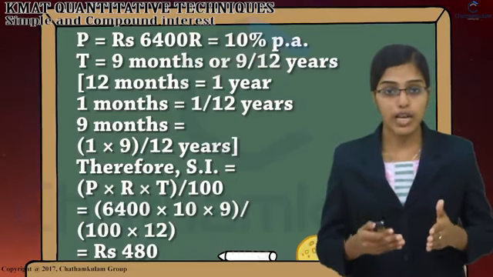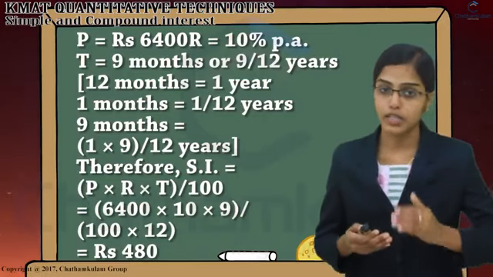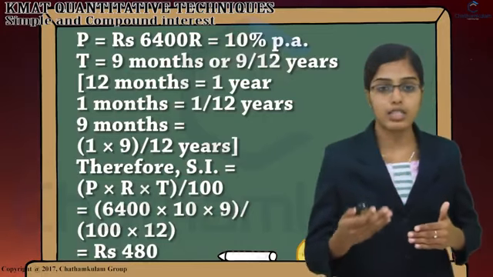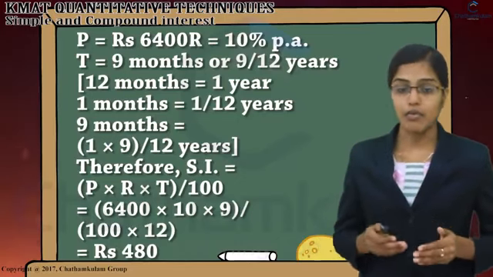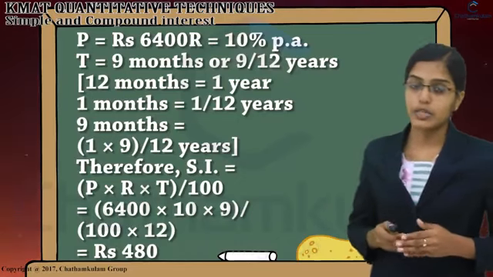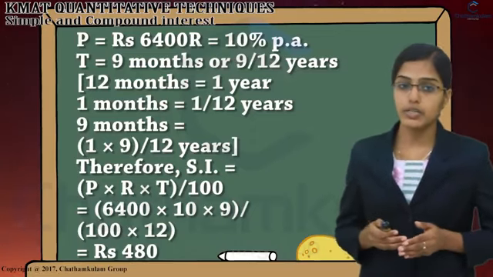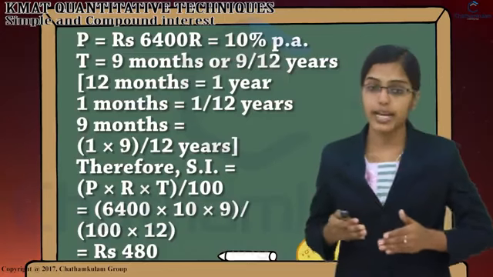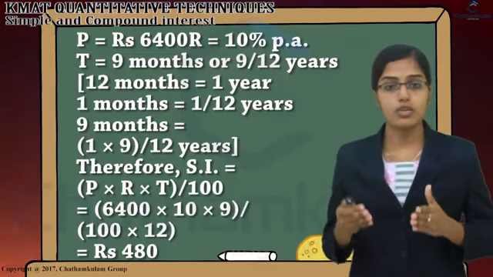So 12 months is equal to 1 year. So 1 month is equal to 1 by 12 years. So 9 months is equal to 1 into 9 divided by 12 years. Therefore, simple interest is equal to PRT by 100. That is 6,400 into 10 into 9 divided by 100 into 12, that is equal to rupees 480.